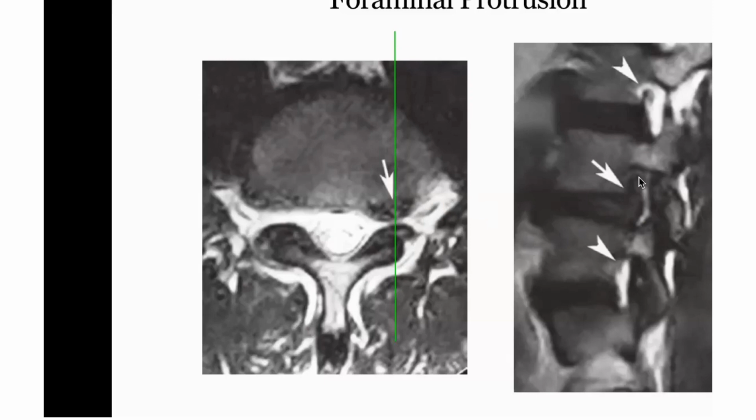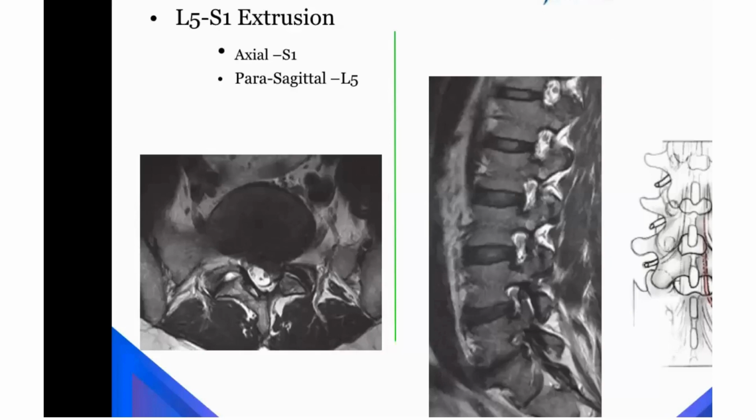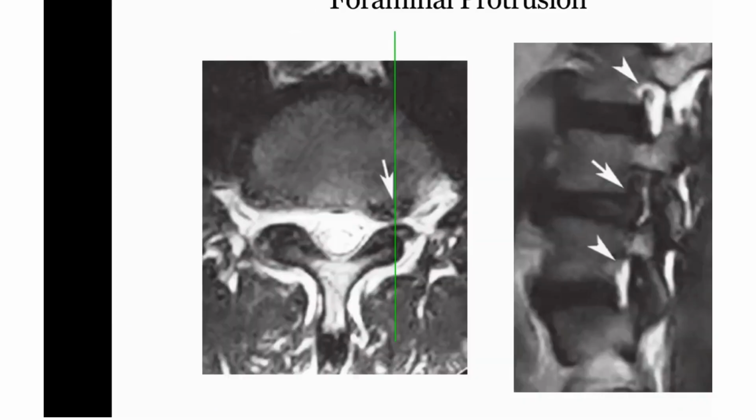Understood? Look at this. The nerve root is completely free, you can see the epidural fat over here. But here, this is protruded into the foramen and it is also pushing the nerve root, and there is hardly any space between the pedicle and the nerve root. That means it is compressing the exiting root. So that's why it is important to see multiple sections.